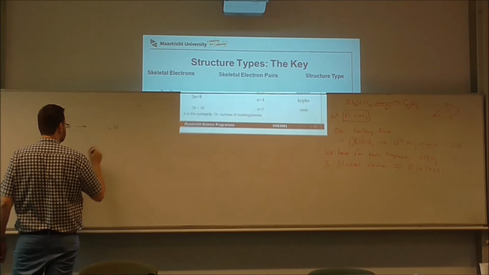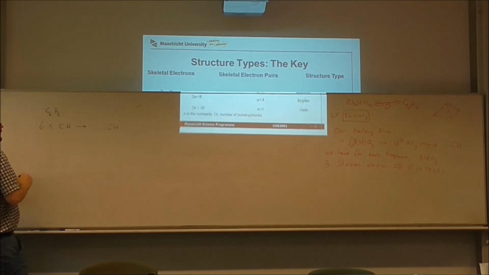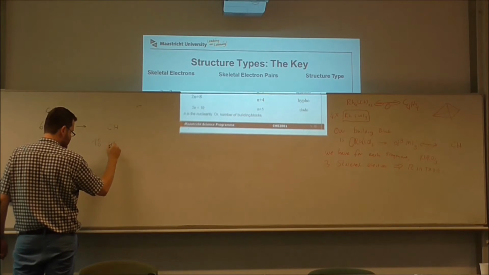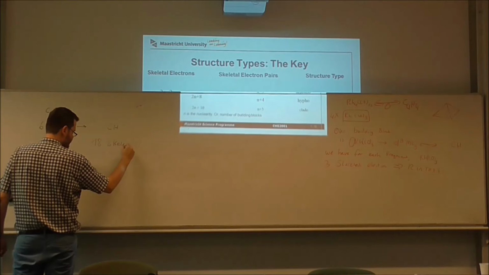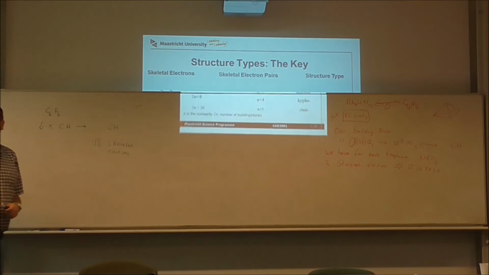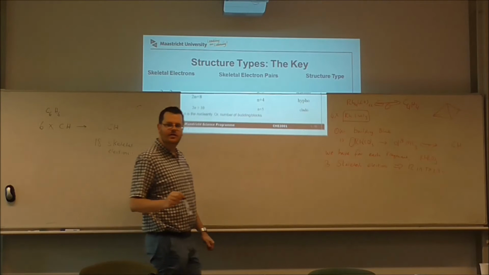So we have a total of 18 skeletal electrons. It's 2n plus something, because n is 6, so it's 2 times 6, so 12.